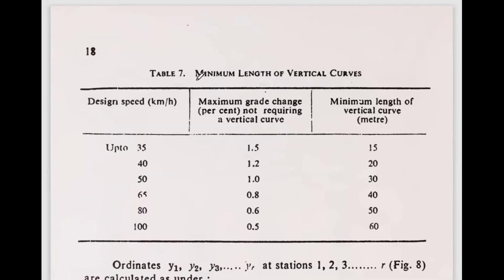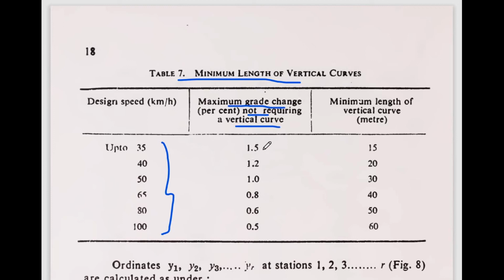This is table 7, which talks about the minimum length of vertical curve. As per the design speed, it gives the maximum grade change not requiring a vertical curve. So what does this mean? For 35 km per hour speed, even if the difference between the grades in terms of percentage is 1.5, there is no need of a vertical curve.